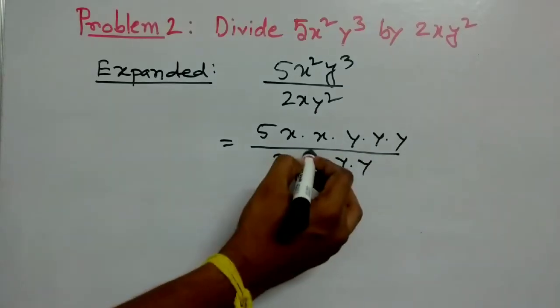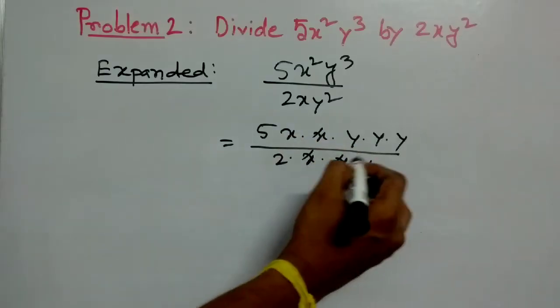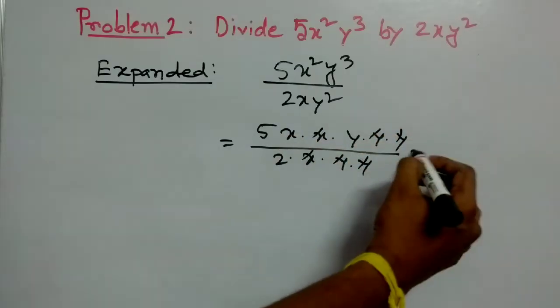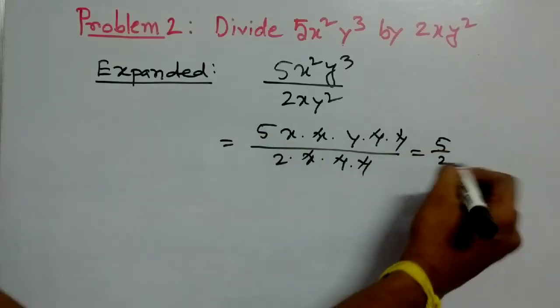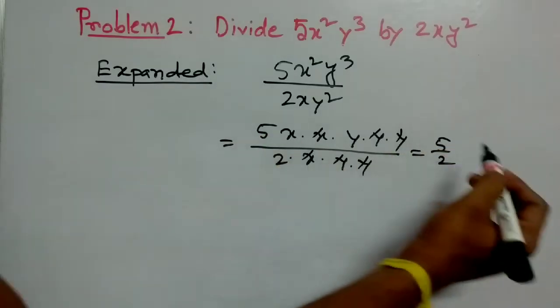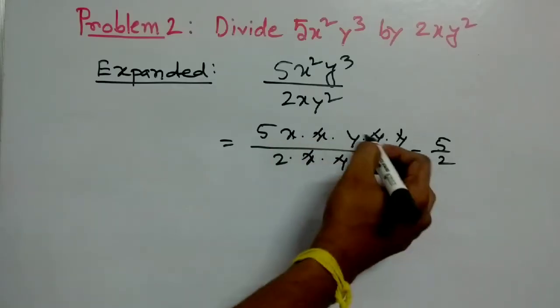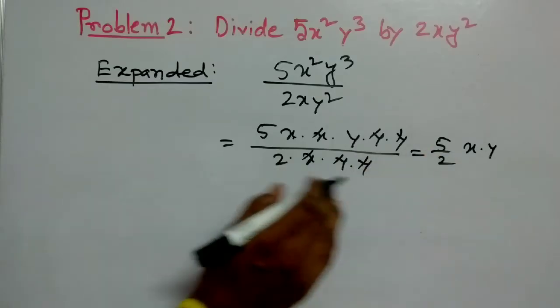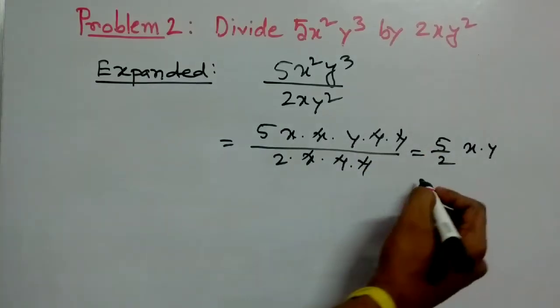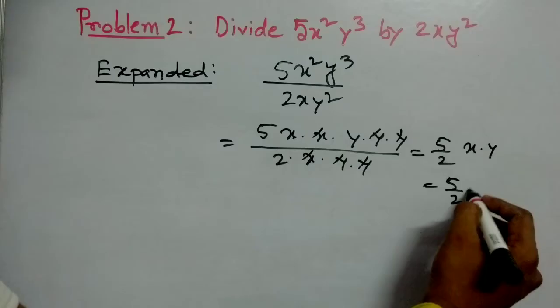Now x and x will get cancelled, y will get cancelled. We cannot divide 5 by 2, so it will be as it is. In the numerator there is x and y, and in the denominator there is nothing except 2, so this is 5 by 2 xy.